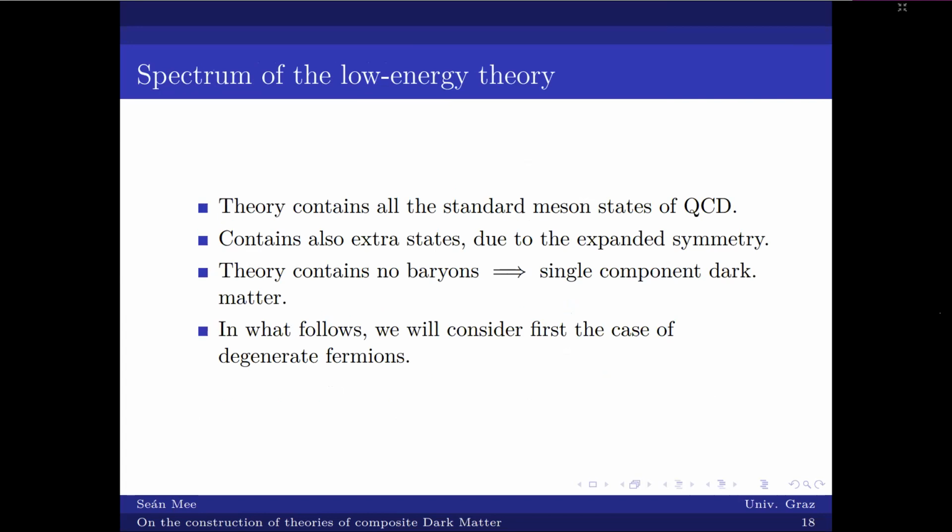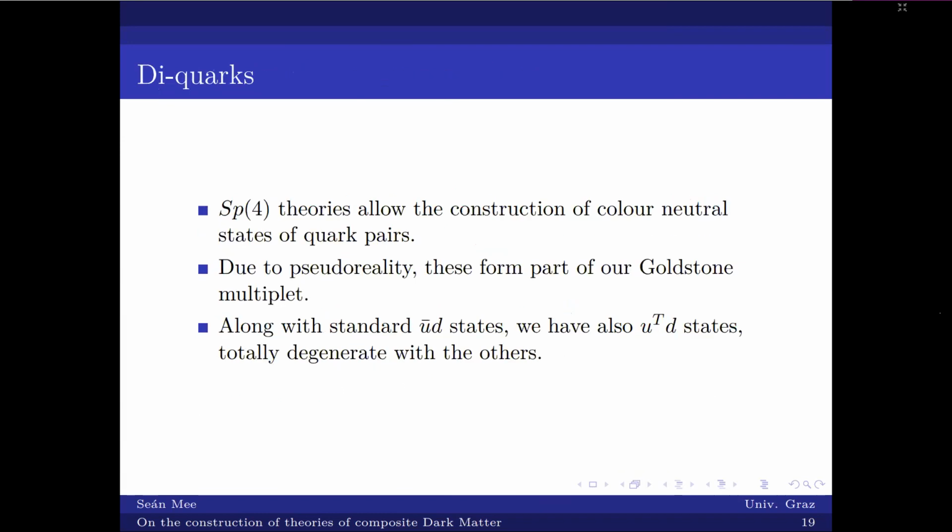Right? Yes, so as I said, the theory doesn't contain any bound states of 3 quarks, so no baryons. And so in what follows, I'm going to first consider the case of degenerate fermions, right? So that our up and down quarks have equal mass. In particular, what we have in our spectrum now is diquarks, right? So we can't really form color neutral combinations of 3 quarks, but color neutral combinations of 2 quarks or antiquarks are possible.